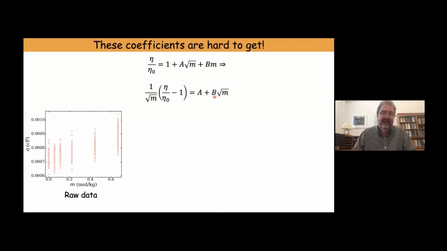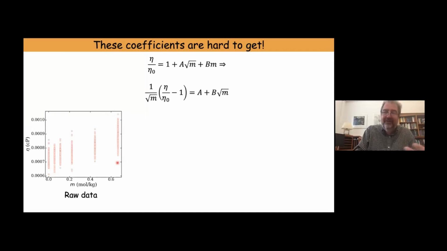If you do a series of simulations at given concentrations, because the viscosity is a transport property, you get that in equilibrium simulation through a complicated formula with the stress tensors integrated over time, and that gives noise. So even though the individual simulations are all done at the same conditions and are quite long, you have a lot of scatter in the data.